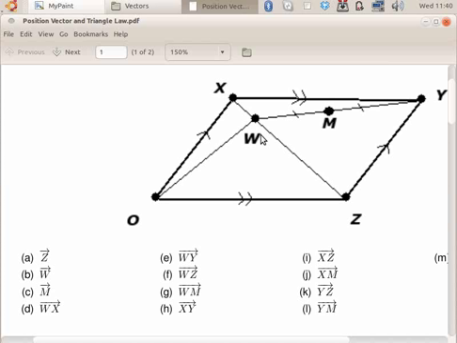M is OZ plus a half ZY. Not quite this. If you look here, it'd be this one here, and then you'll have half a ZY, so you'd finish here. You need to finish here. You get what I'm saying? You have to start at O, and you have to give instructions to go from O to M. So I would say OZ, ZY, and then YM.